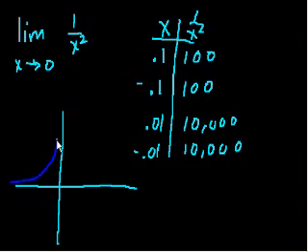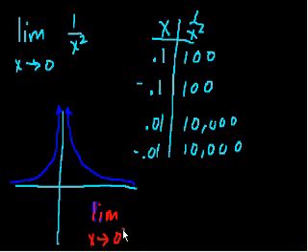Hope you can see this dark blue. From the negative side, it approaches infinity. As we get closer and closer to 0 from the negative side, it approaches infinity. And as we go from the positive side, these are actually symmetric, although I didn't draw it that symmetric, it also approaches infinity. So this is a case in which the limit as x approaches 0 from the negative side of 1 over x squared is equal to infinity.